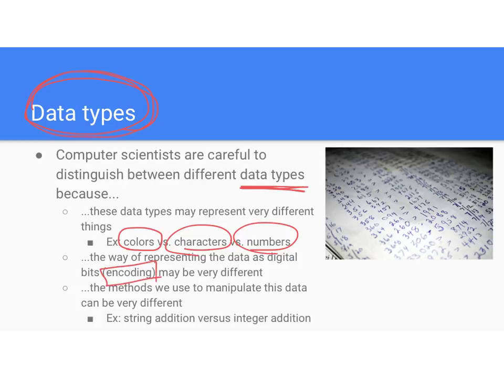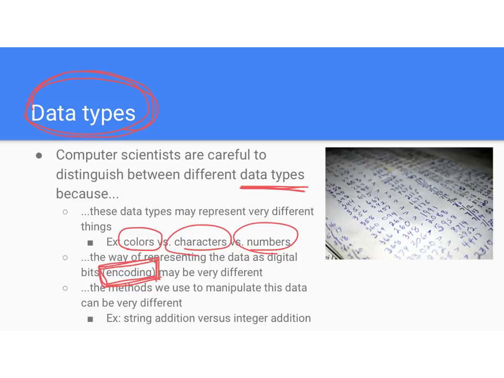Basically, you're going to be receiving a string of zeros and ones when you download a file, and your computer is going to need to be able to look at those zeros and ones and interpret it correctly, whether it's going to interpret the zeros and ones as a color, or as a string or numbers or whatever. We need different encodings that tell the computer, hey, this string of zeros and ones represents the color red, while this string of zeros and ones represents a novel that we're trying to read on our iPad, something like that.